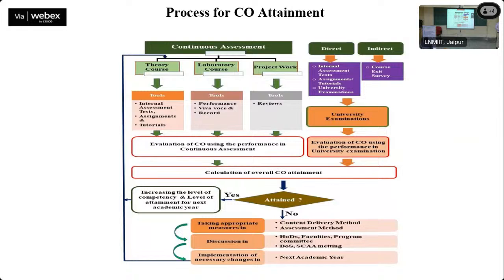So what is the difference, sir, in between these two? Some objectives. PO. Okay. And PO, program outcomes, is already defined.